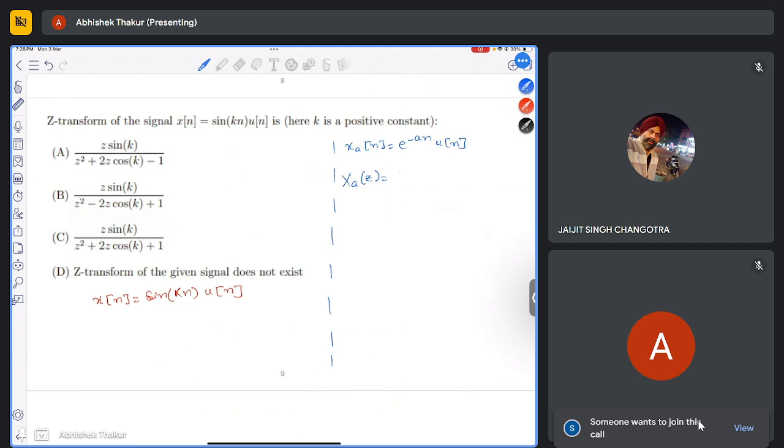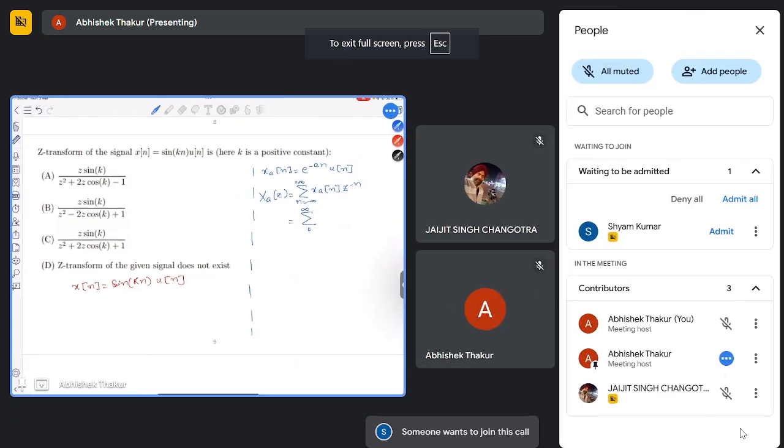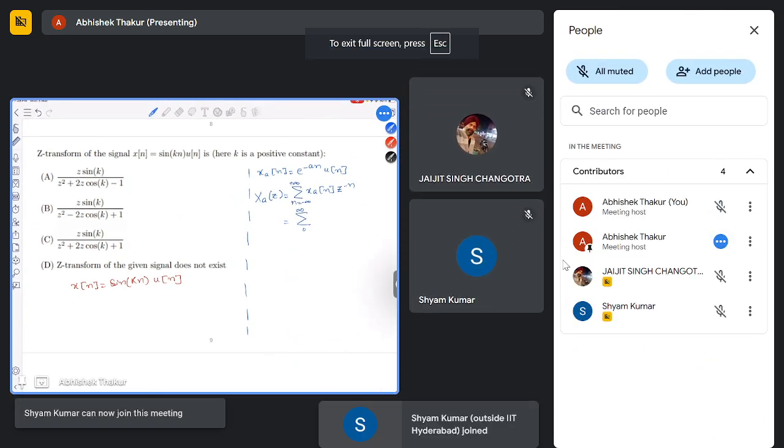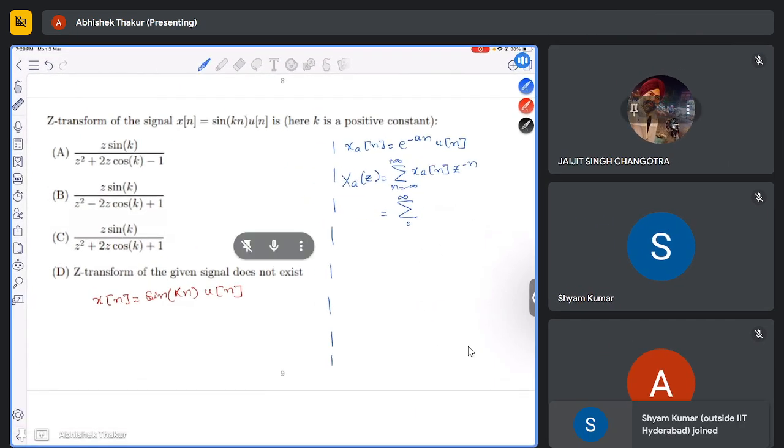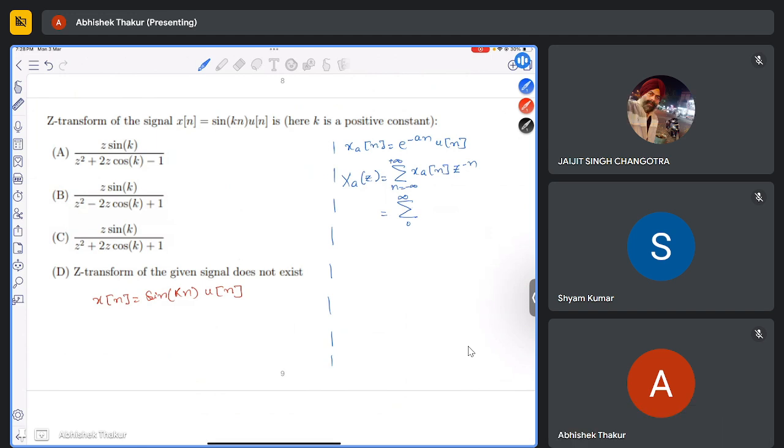That is equal to the summation of xa of n z to the power of minus n, n from minus infinity to plus infinity. Since xa of n is multiplied with the unit step function, the limit will change from 0 to infinity.